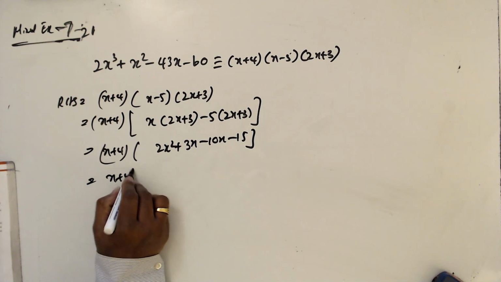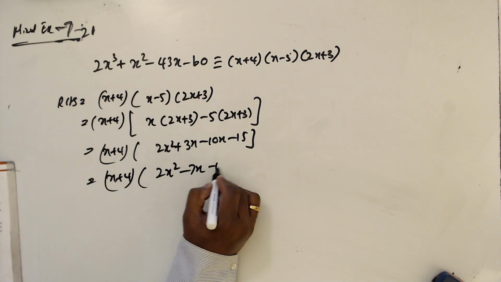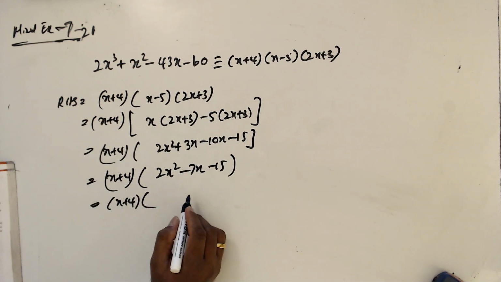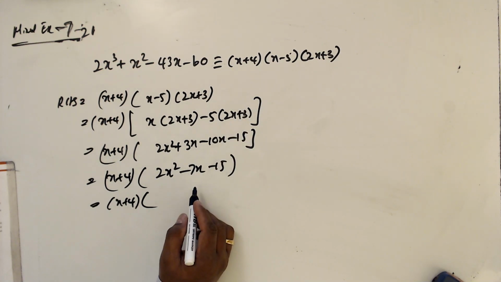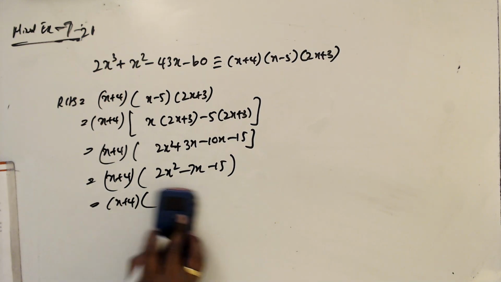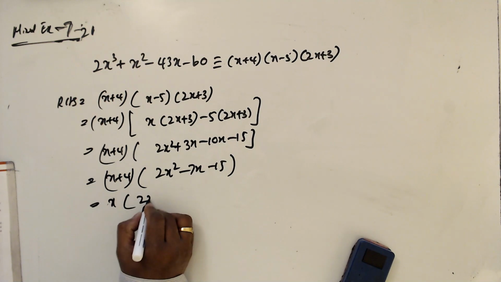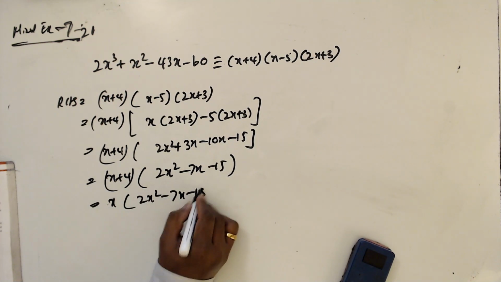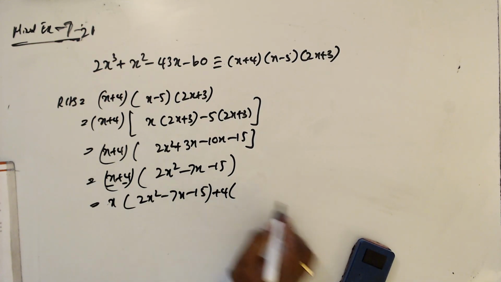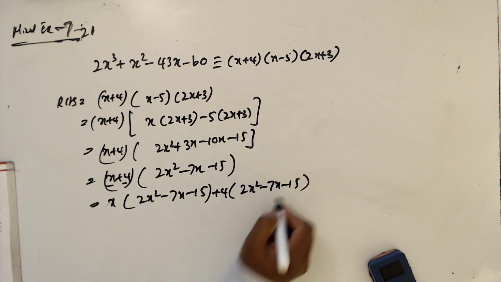So x plus 4 times 2x squared minus 7x minus 15. Now we have to explain this one again: x times (2x squared minus 7x minus 15), I'm explaining this one, then the plus 4 times (2x squared minus 7x minus 15).